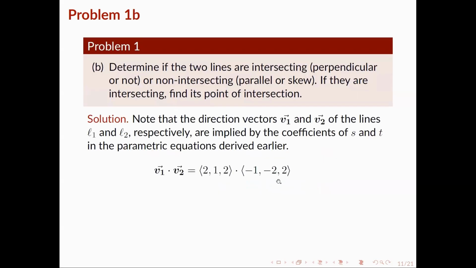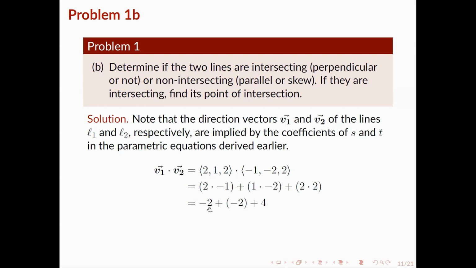Okay? So, ayan. So, we're going to check if they are perpendicular, and that is by getting their dot product. So, upon obtaining the dot product of the direction vectors, 2, 1, 2, and negative 1, negative 2, 2, we're going to get 2 times negative 1 plus 1 times negative 2 plus 2 times 2.